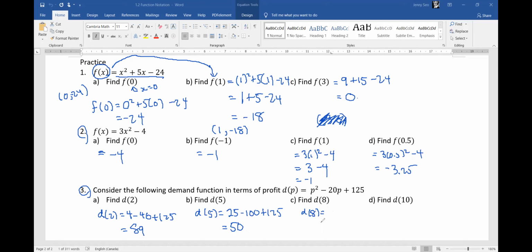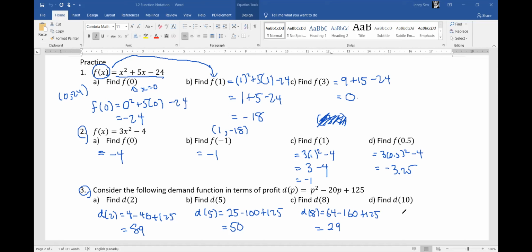I could be wrong. And then 8. 8 squared, 64. 8 times negative 20, negative 160. Plus 125 becomes negative 35, plus 64, 29? I think so.